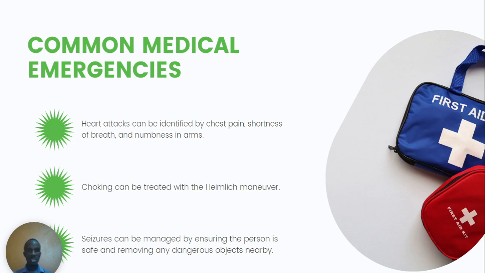So it can be managed by ensuring that the person is safe and removing any dangerous objects which are nearby, so that when they are undergoing that seizure, which is caused by abnormal firing of those impulses in the central nervous system, they are safe, or they do not injure themselves, because those rapid contractions and relaxations of these limbs can cause injuries if there is a dangerous object nearby.